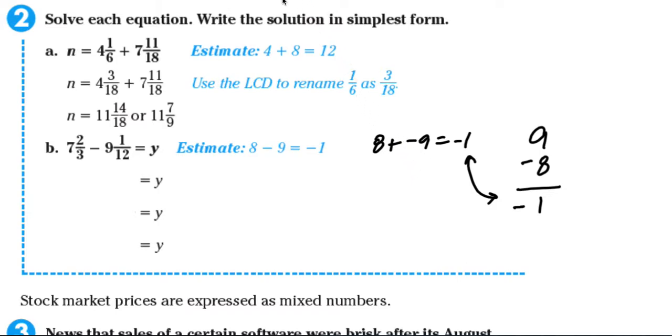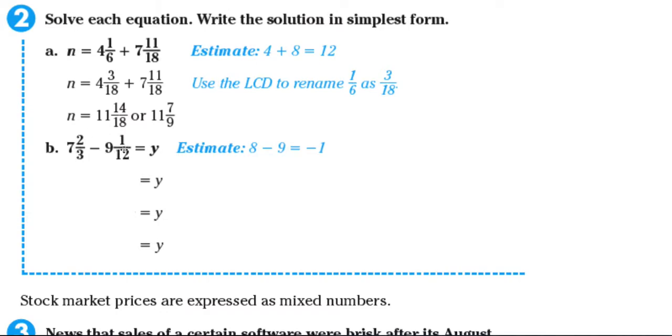Okay, let's see how this works. So if that's the case, let's take a look at our problem. We have 7 and 2/3 minus 9 and 1 over 12. Okay, we know that we are subtracting because we have different signs, negative 9 and 1/12 and positive 7 and 2/3.